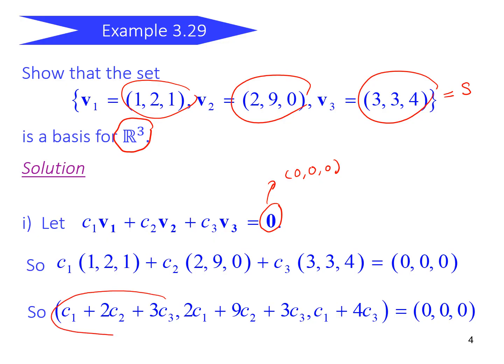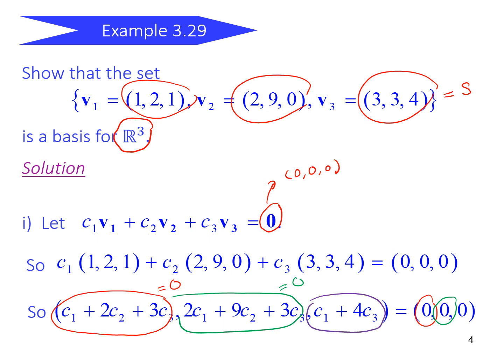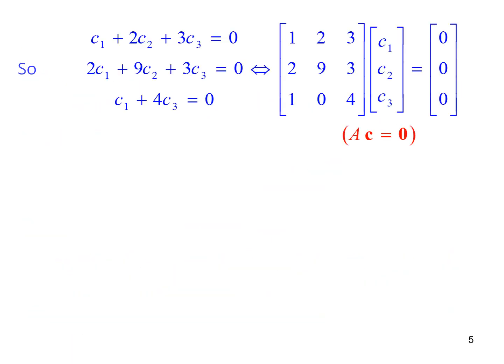So this is the first component on the left hand side, which is equal to 0, and you get it from the right hand side. The second component is also equal to 0, and the third component is also 0. Therefore, we end up with a system of linear equations.